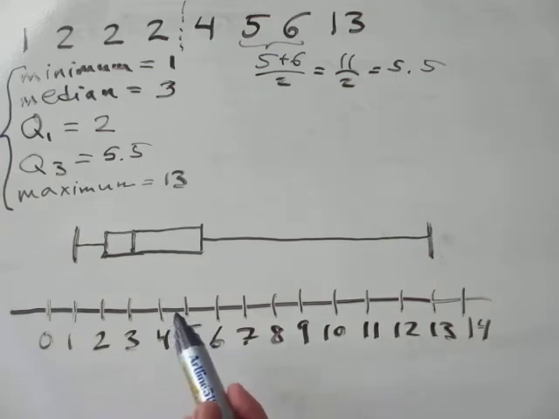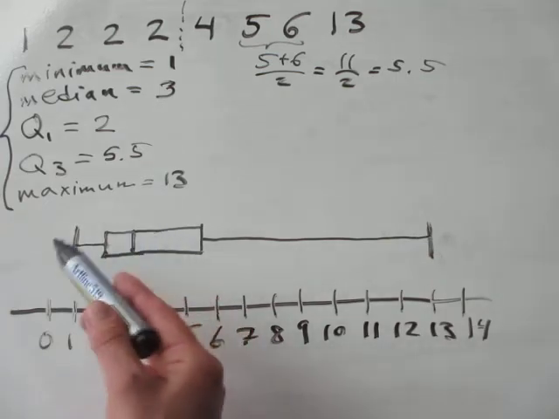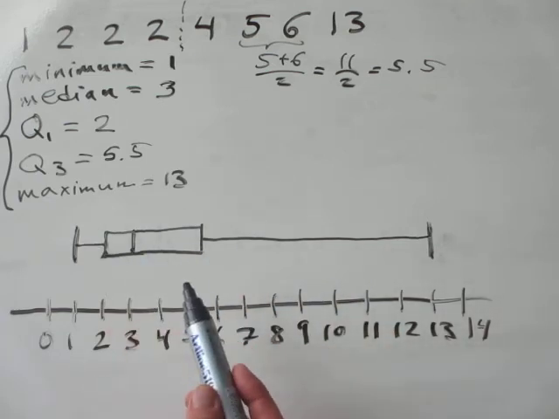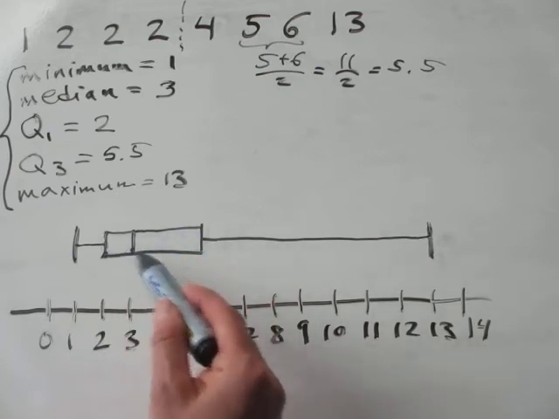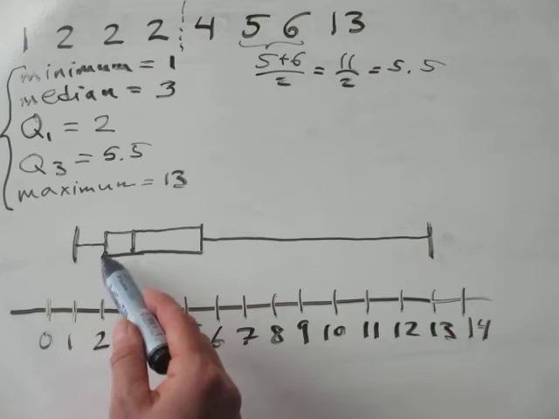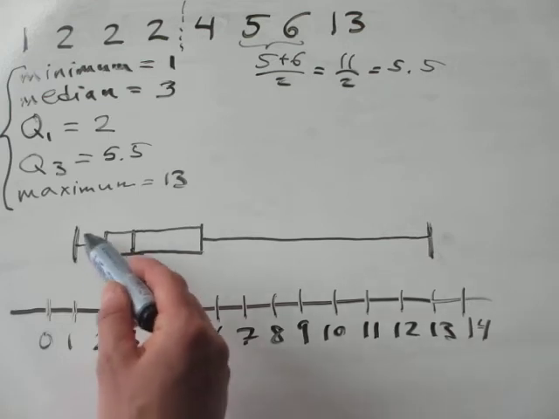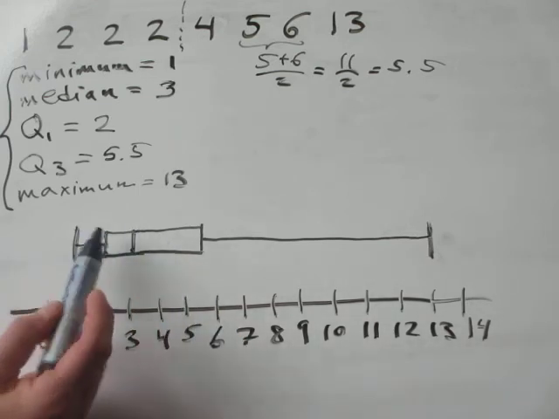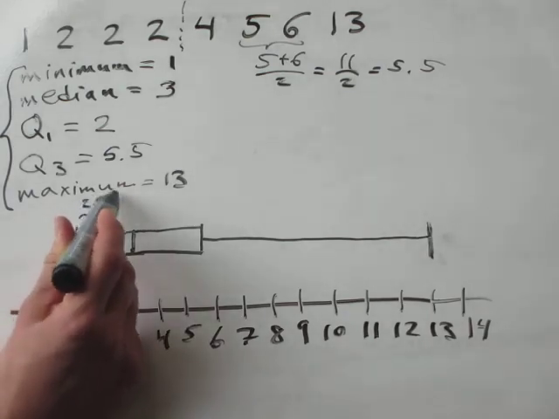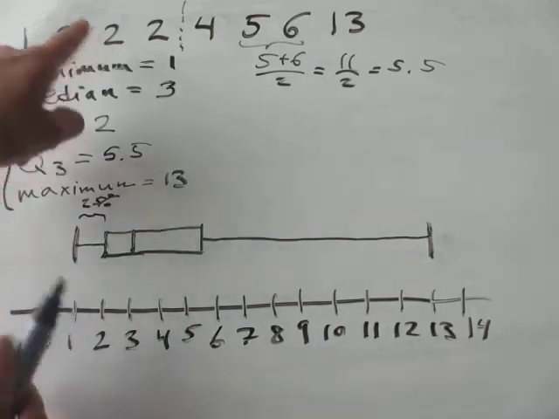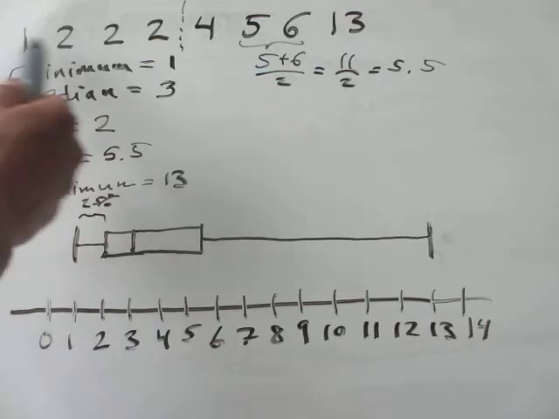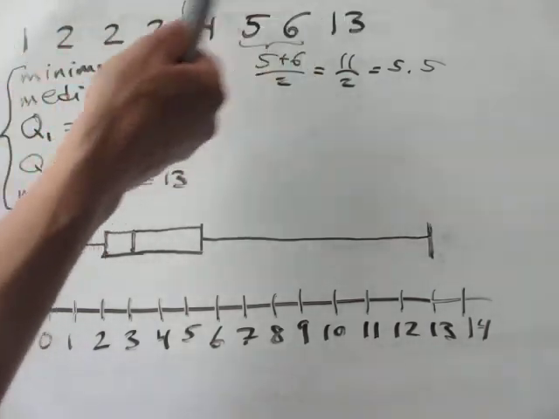And why are we doing this? Well, this is to show the spread of this data. First of all, between the lowest value and the lower quartile, we have 25% of the data points. Because first you cut this in 2, so here we have 50%, here is 50%.